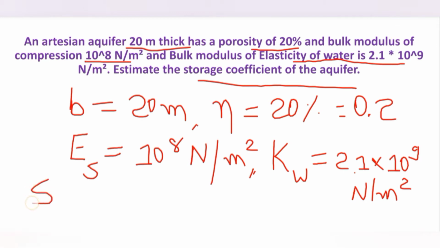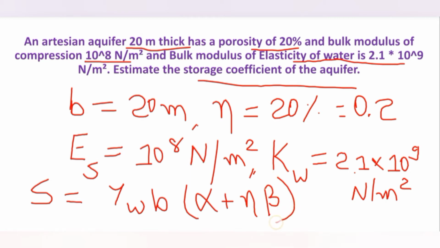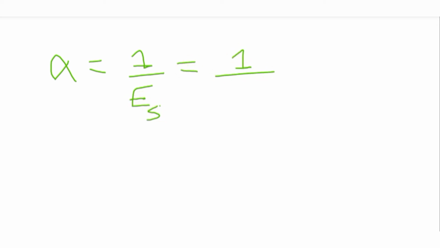So we know that the equation for the storage coefficient of aquifer is S is equal to gamma w into B into alpha plus porosity into beta. First of all, we'll find alpha and beta. Alpha is equal to 1 upon Es, and Es is 10 raised to 8 Newton per meter square.